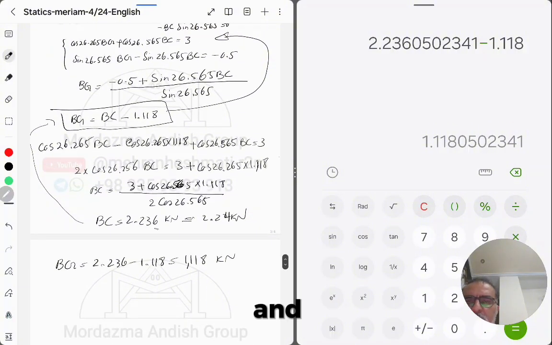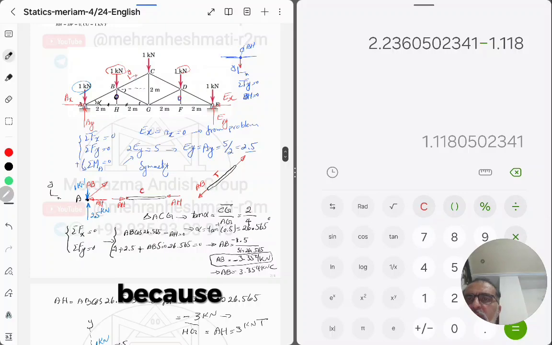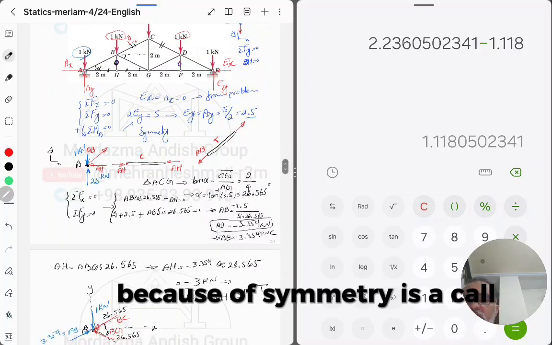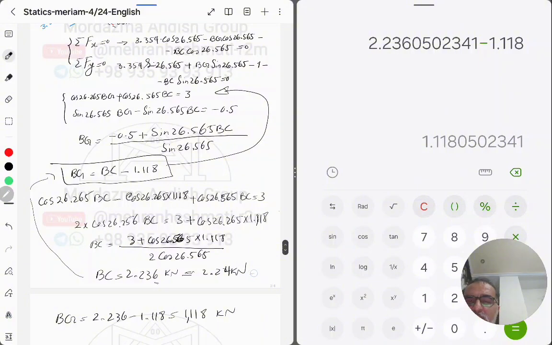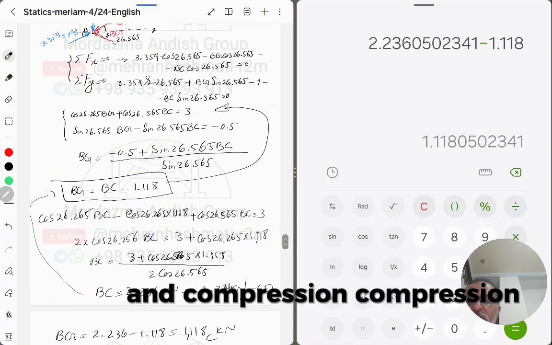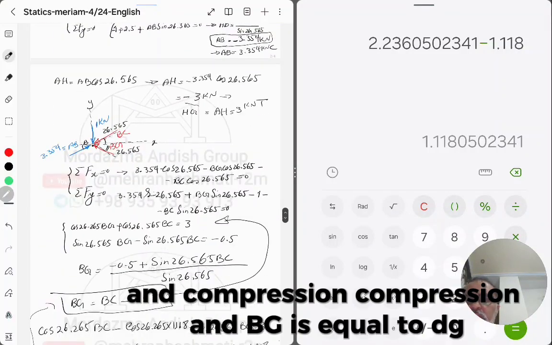And BC, because of symmetry, is equal to CD, and compression, and BG is equal to DG.